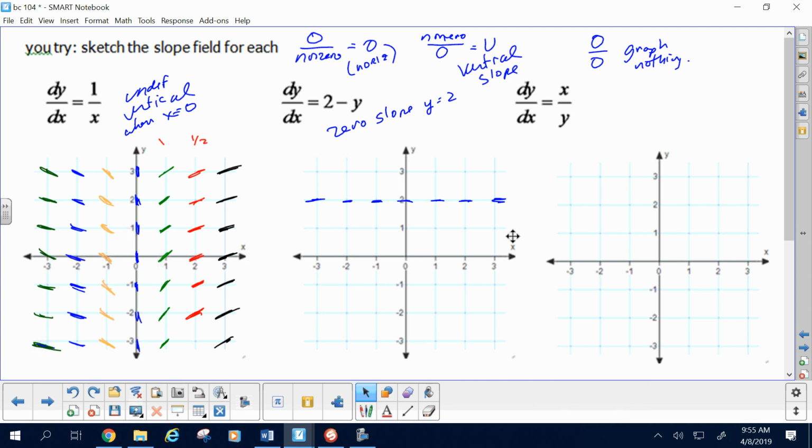Okay? These are the kind of trends you look for to save yourself time. And they're always going to be, in this case, the same for every x, but different for every different y. So these are one slopes. 2 minus 0 is 2 slopes. Oops.